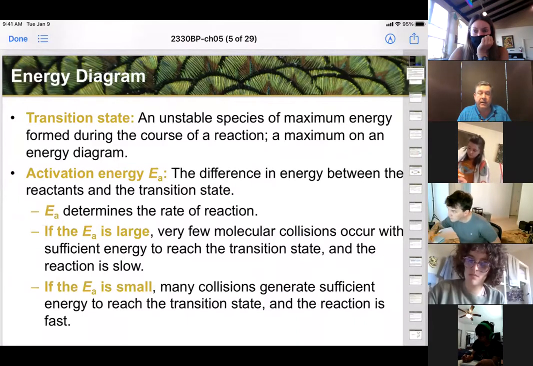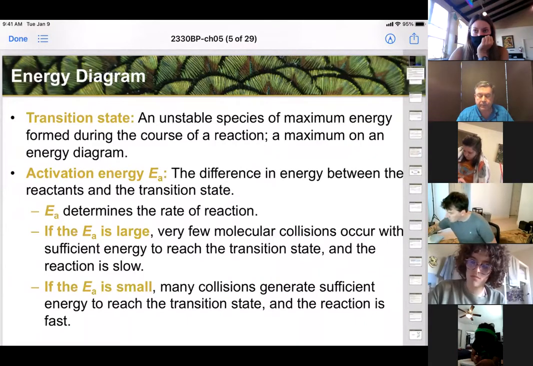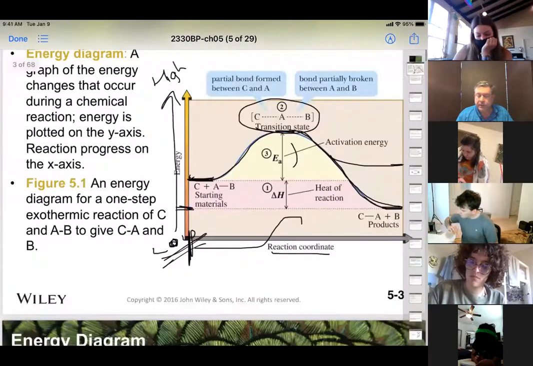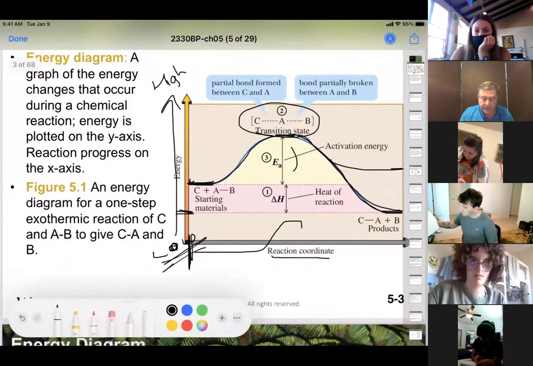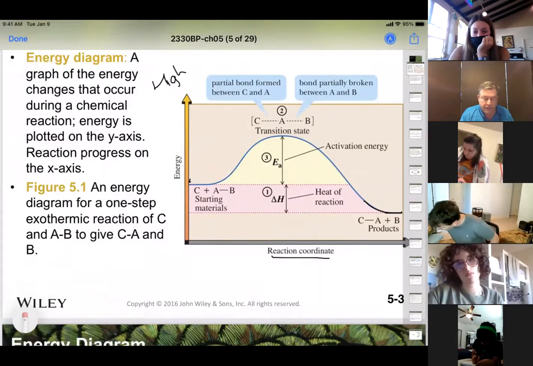And because of that, it's very unstable and it's the maximum energy you form during the course of the reaction, okay? So it's always the top of the energy diagram. So if we look at the energy diagram, our transition state here is at the top here. So we had to put energy into the reaction to get to this where it will react, okay?